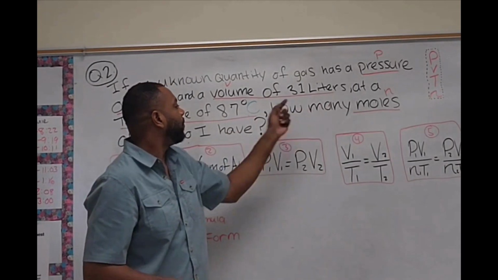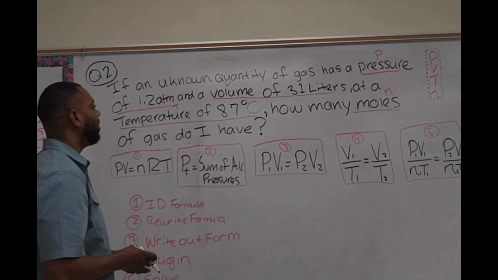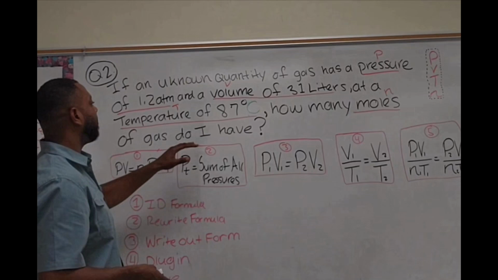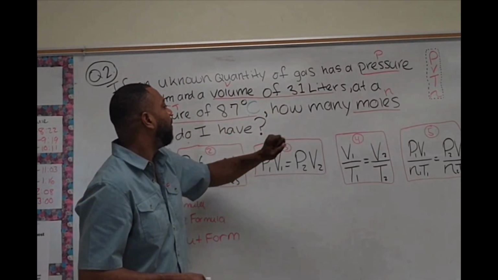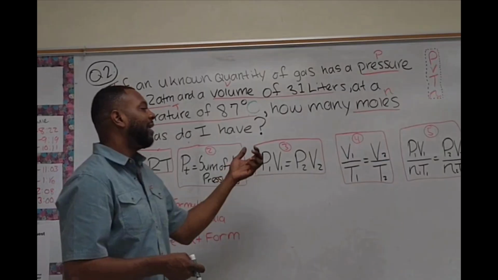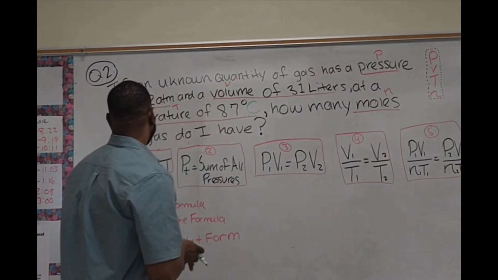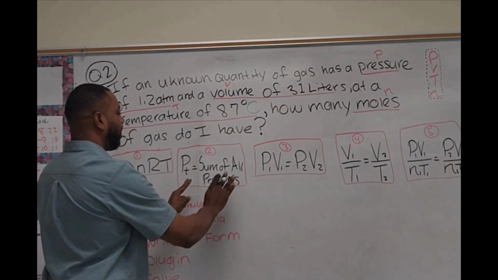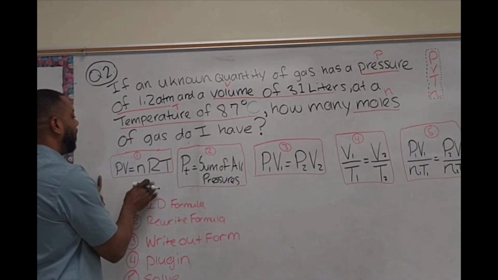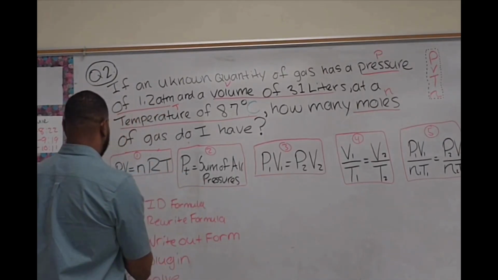How many moles of a gas do I have? All right, so my variables, again, I have 1 pressure, 1 volume, 1 temperature, and we're talking about moles, 1 time. So then I can't use formula 3, 4, or 5. They're not relevant, okay? So it's either formula 1 or 2. The fact that I'm talking about anything besides just pressure means that it must be formula 1, the ideal gas law. Step 1, identify formula, check.